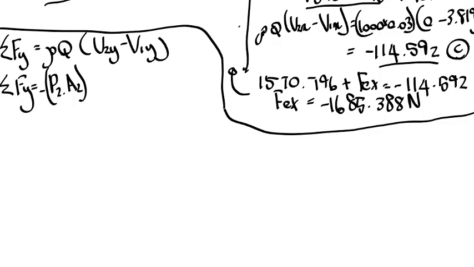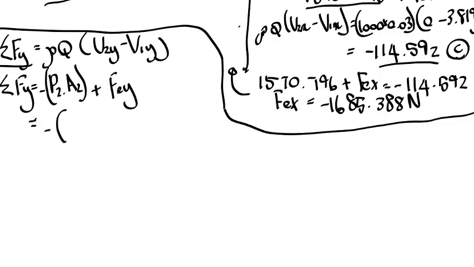So it's negative P2 times A2, and that will be plus our FEY, which is upwards. Okay, and that's about it. Only for the left hand side. We're working with the left hand side of the equation now.